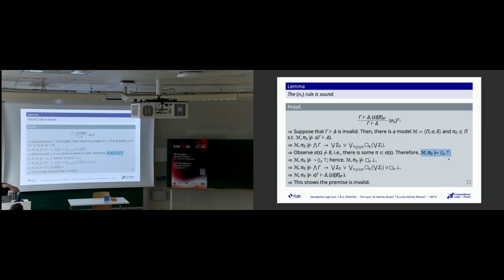Diamond S top says that there exists some precisification in the interpretation of S such that top holds, which is equivalent to just saying that there is some precisification in the interpretation of S.